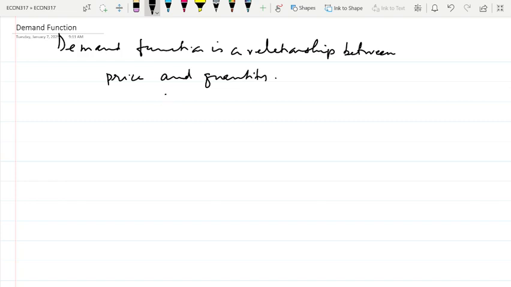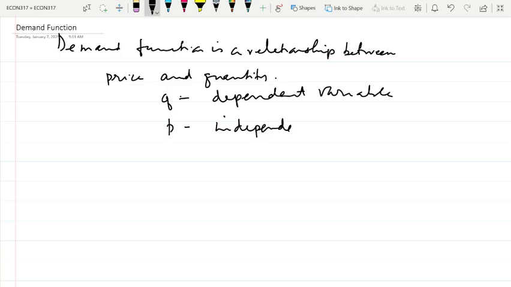Quantity is the dependent variable and price is the independent variable. And we can describe the demand function in three distinct forms, and we will see how each one of them is equivalent to the remaining two.